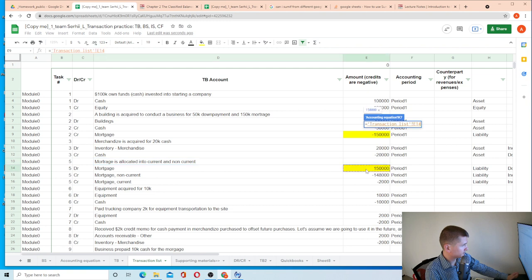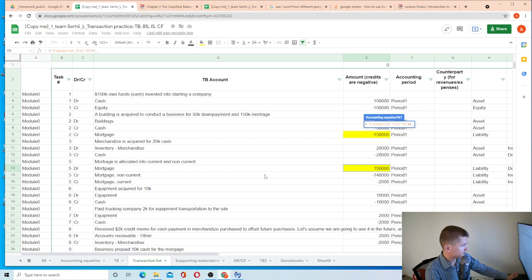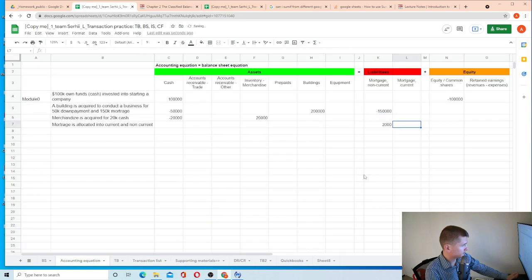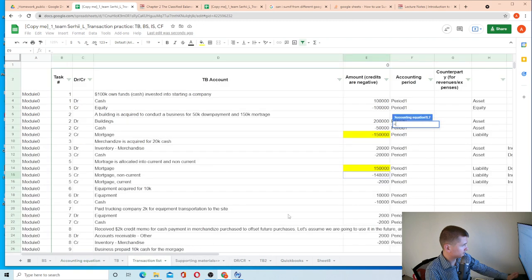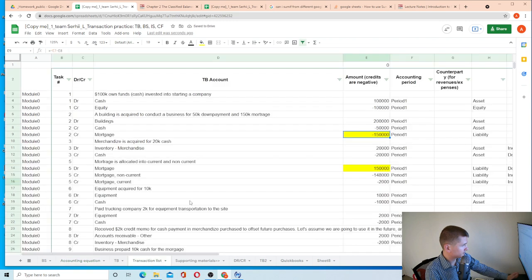So we debited mortgage and we also did such impact. I will fix my transaction list a bit.